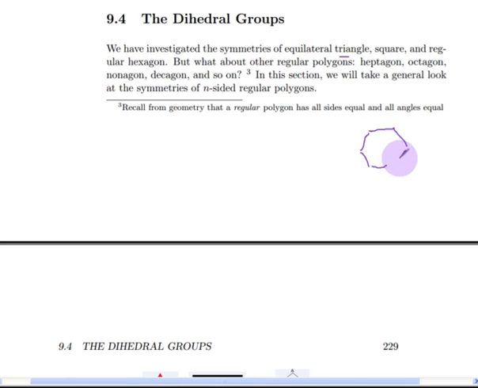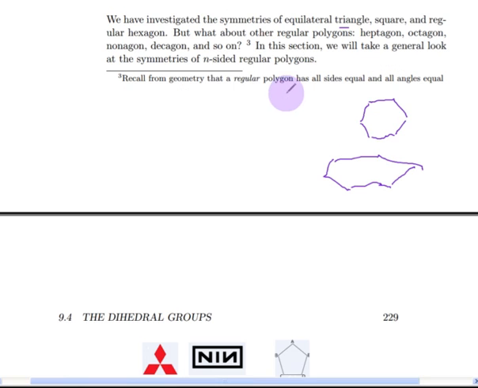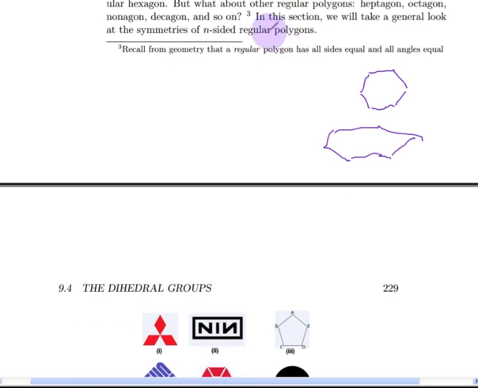Now, there are also irregular hexagons. You could do something like this, 1, 2, 3, 4, 5, 6. It's still a six-sided figure, but it's not a regular hexagon. The regular one has all the sides equal and all the angles equal. So let's take a general look at the symmetries of n-sided regular polygons.